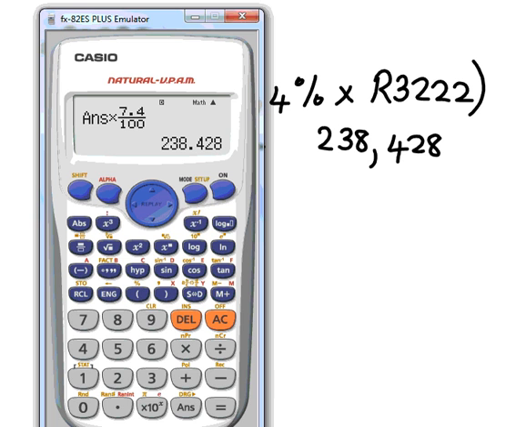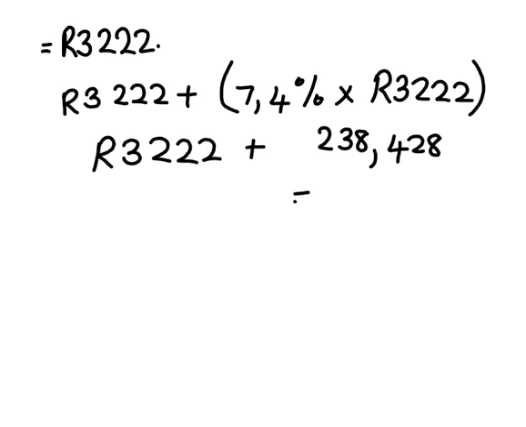Let's go back to our calculator. So it's in temporary memory. I don't have to do anything. Plus 3,222 equals 3,460. So that's going to be 3,460.428.